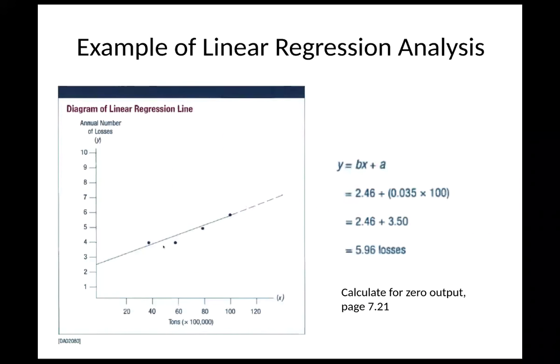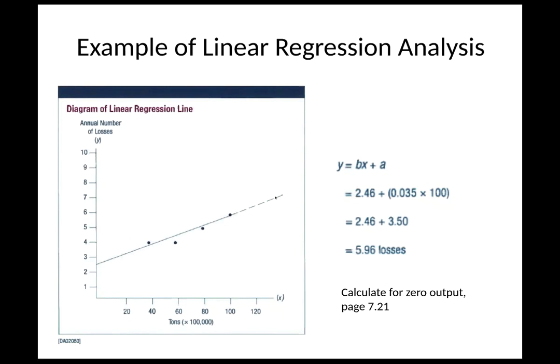So here, this is where it's plotted on a chart, and this is where you get the linear depiction of it based upon the output, right? The first year was about 35 tons, and that was with 4 losses. Then we had 4 losses again, a little bit below, but you can see how this line developed. The idea is if we keep on doing this, we're always going to have that.